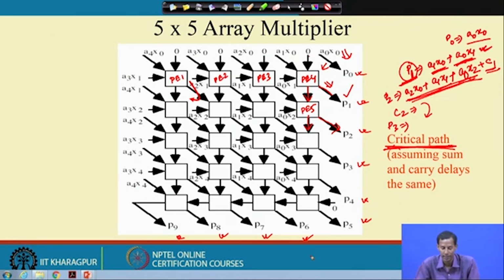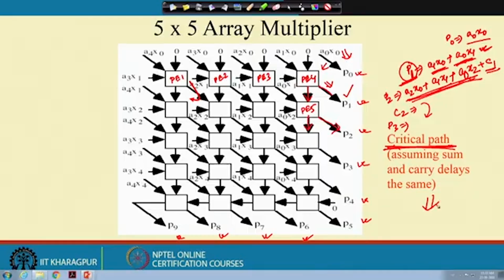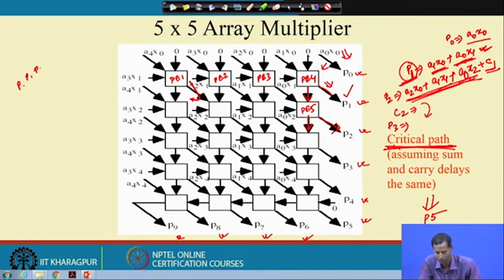So, where will I get the maximum critical path or the maximum depth if I consider this operation of this unsigned multiplication or multiplier architecture? At that time it is the middle position, which is nothing but this, I think P5.